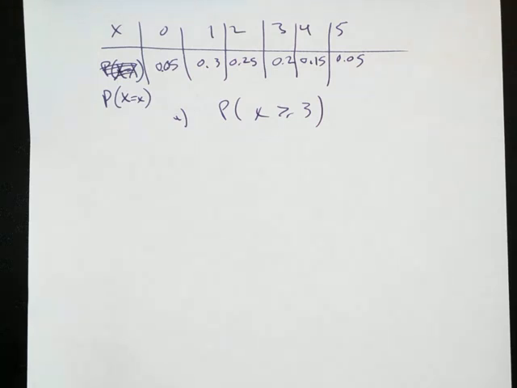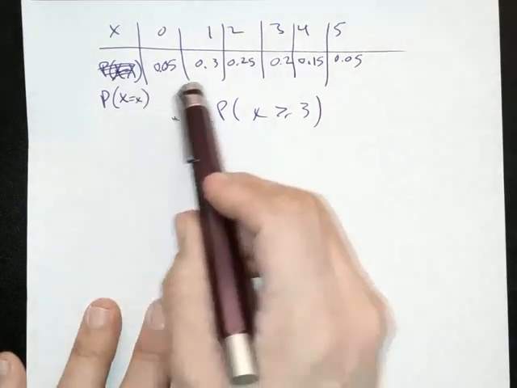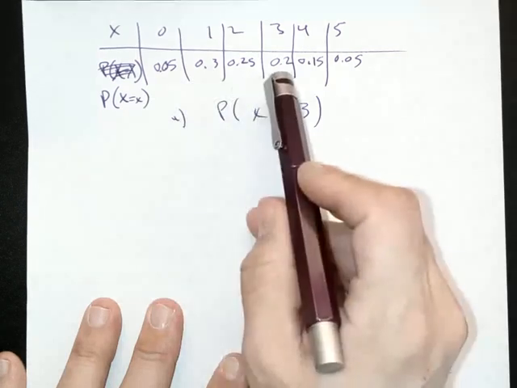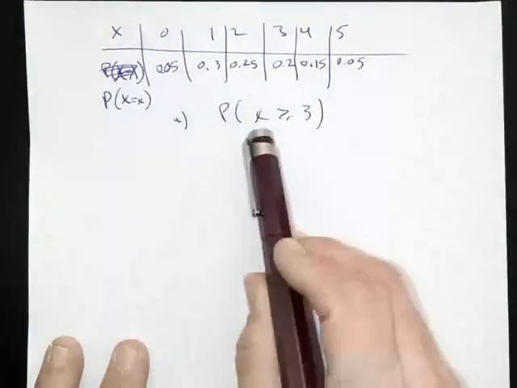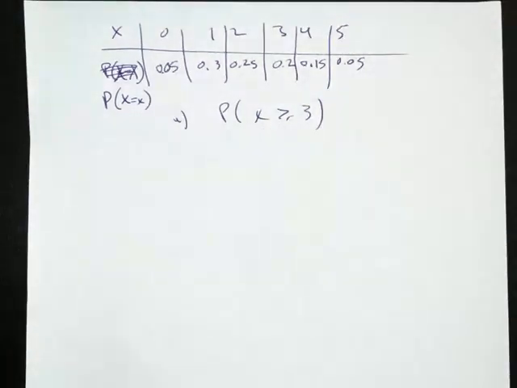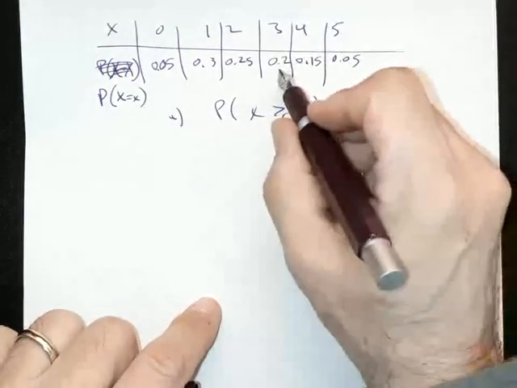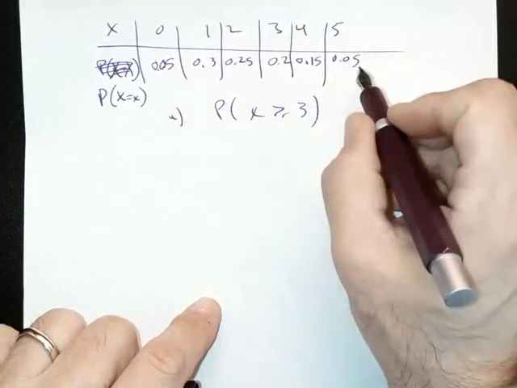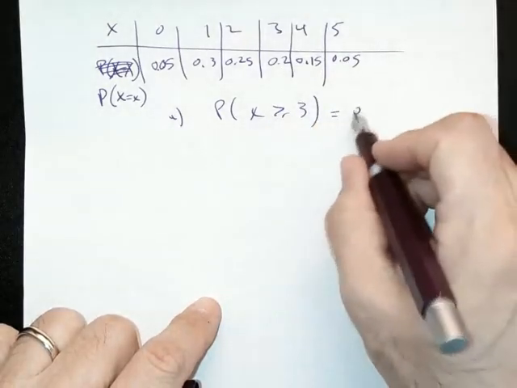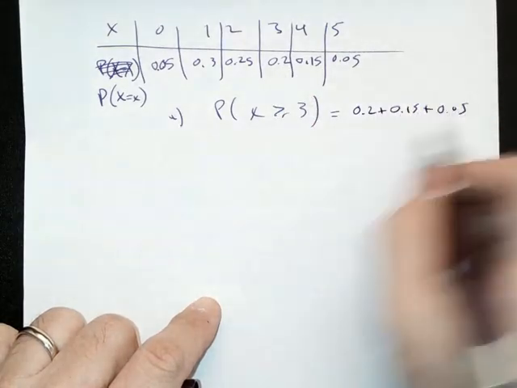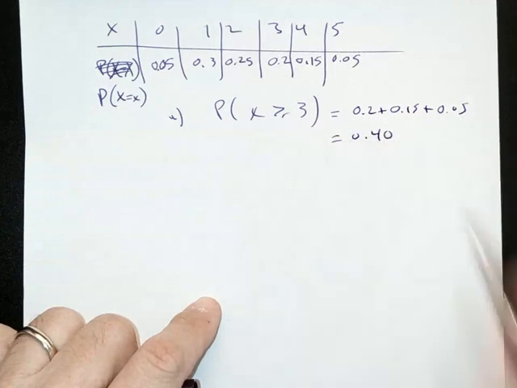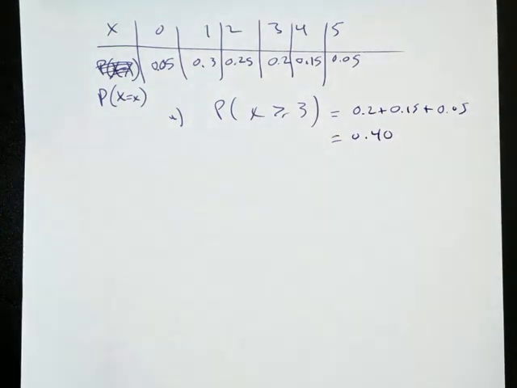Say again? How do you get that? But I'm not adding what goes up to 3. I'm adding what's beyond 3. Right, 3 or more. X bigger than or equal to 3. So that's the chance of 3, the chance of 4, the chance of 5. So there's a 40% chance.